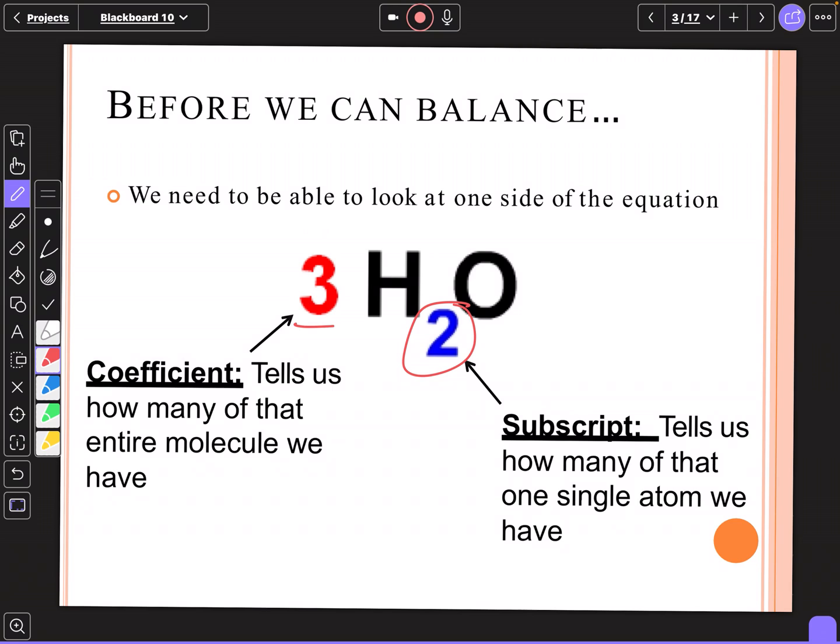So if I drew a water molecule, and let's say I had oxygen bonded to the hydrogens, that would be 1 molecule of that. Well, if I add this number, this 3, this coefficient, it tells me I have 3 separate molecules.